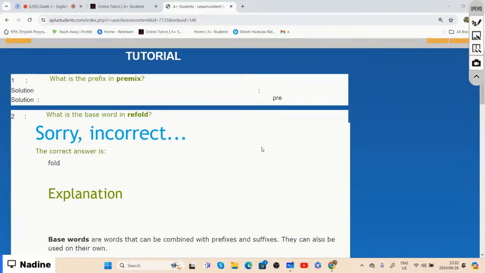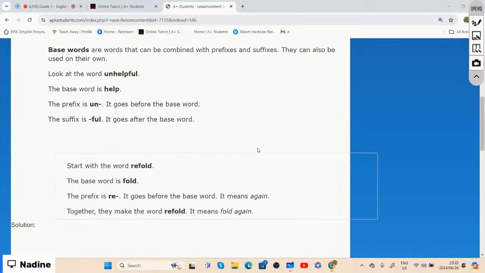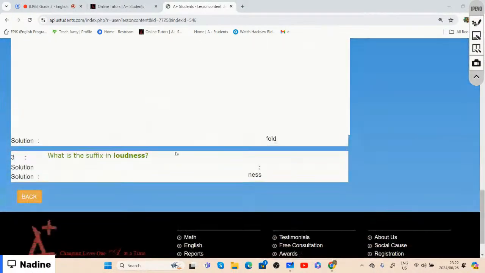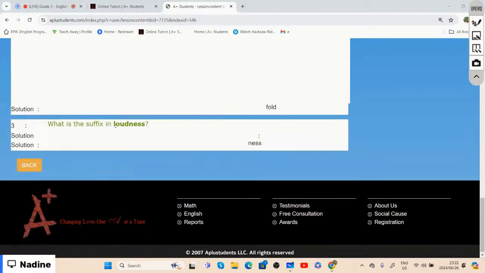All right, the suffix in the word loudness. Remember, a suffix is a word part that we add after a base word. What is the suffix in the word loudness?